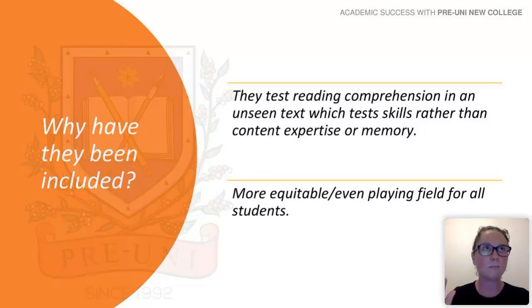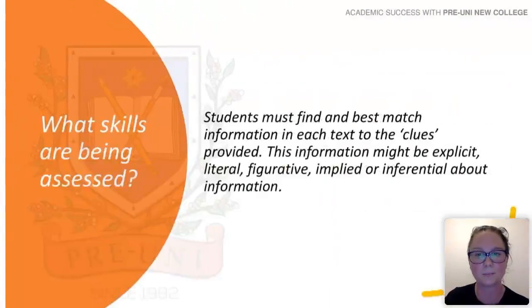So high-end skills or difficult skills include things like reasoning and creativity and taking implied knowledge and making judgments, drawing conclusions. So those are the really high-end skills, I suppose, that they're looking for in this multiple matching test. And it's not simply just identifying or finding information that is obviously just taking a fact from the text. So we're looking to put things in other words. It's really about paraphrasing.